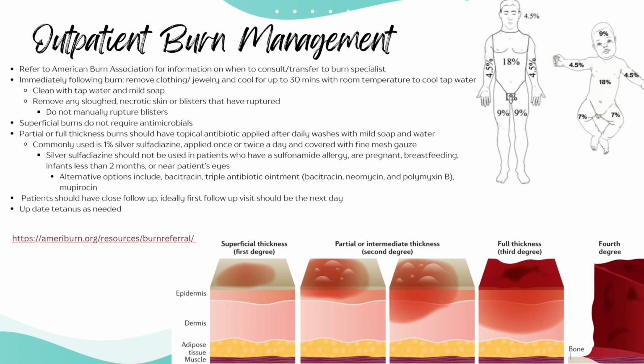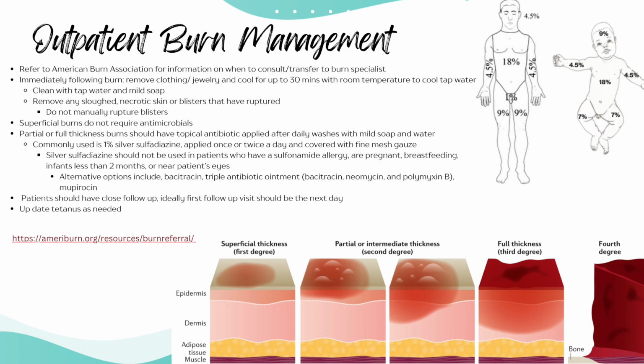So aside from cooling the burn, cleansing of the wound should also occur, and it should be done using simply tap water and a mild soap. Also, the wound should be debrided. Any sloughed or necrotic skin should be removed, also blisters that have already ruptured.